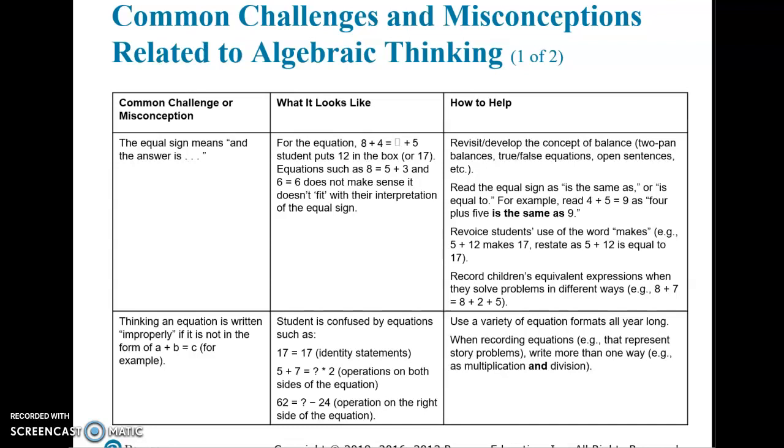Make sure you have the answer on the right side sometimes and on the left side sometimes. You have 6 plus 14 equals 22 divided by 2. Just make sure you have a variety of different styles of the equation.